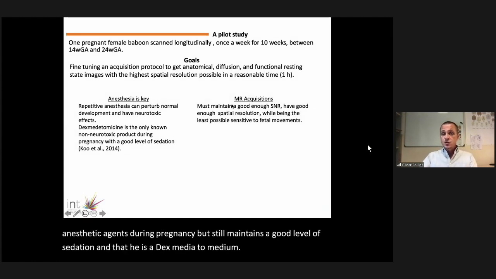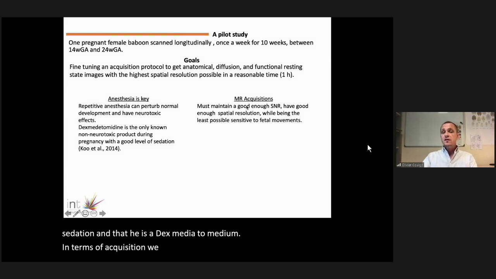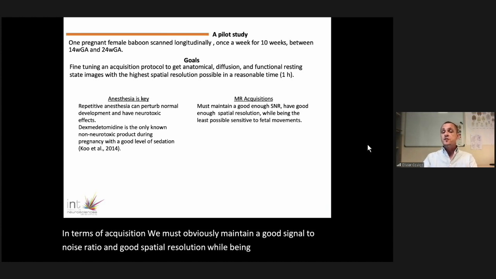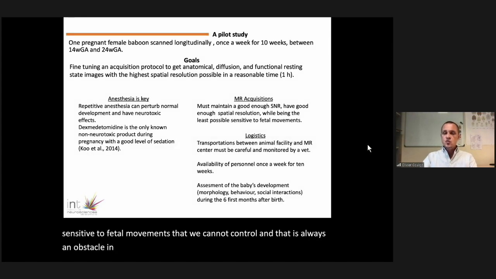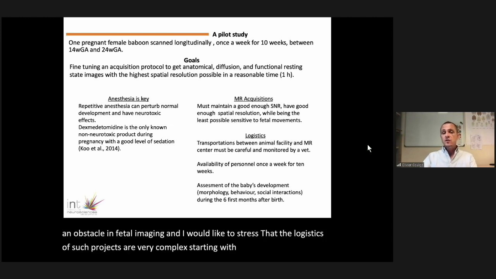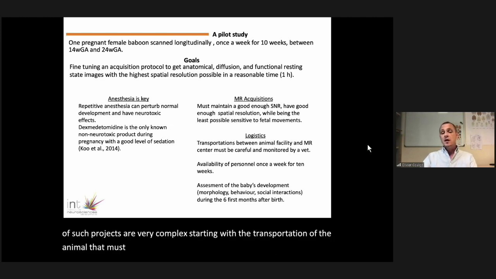In terms of acquisition, we must obviously maintain a good signal-to-noise ratio and a good spatial resolution, while being the least possible sensitive to fetal movements that we cannot control, and that is always an obstacle in fetal imaging. And I would like to stress that the logistics of such a project are very complex, starting with the transportation of the animal that must be done very carefully every week in order to avoid the risk of spontaneous abortion.